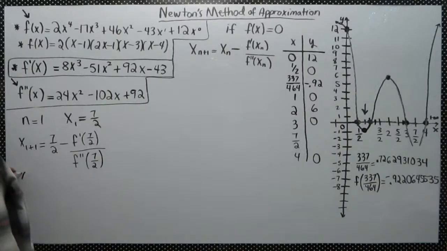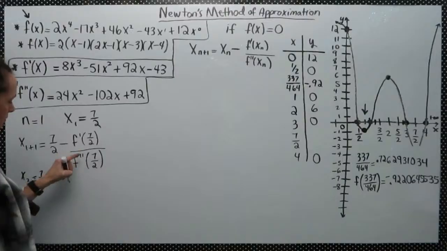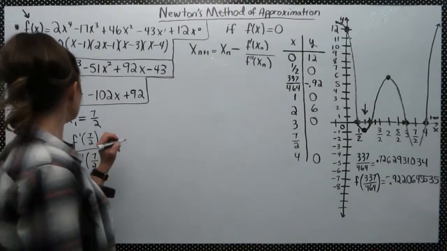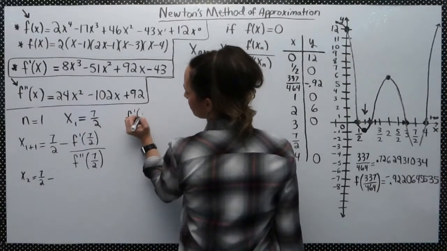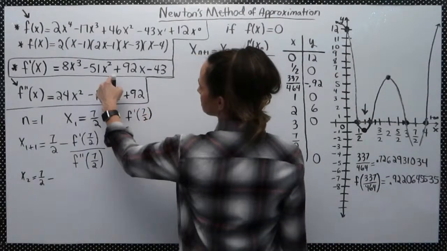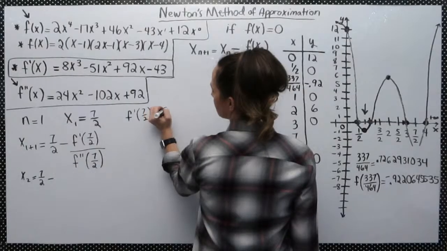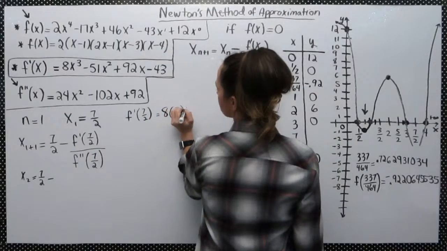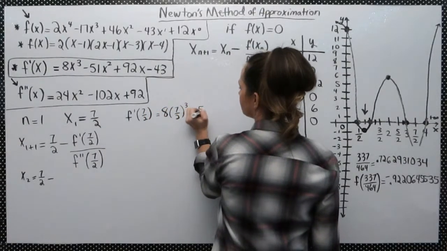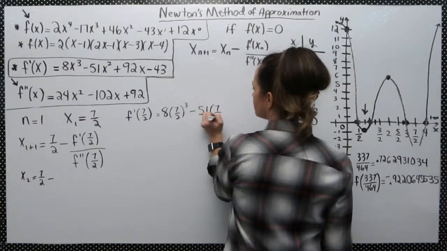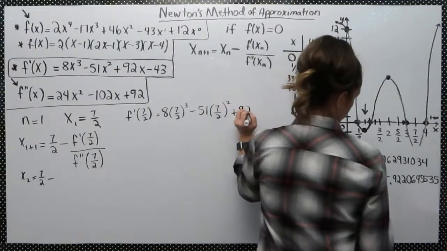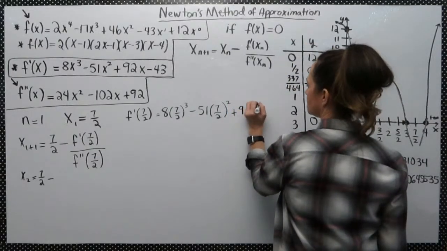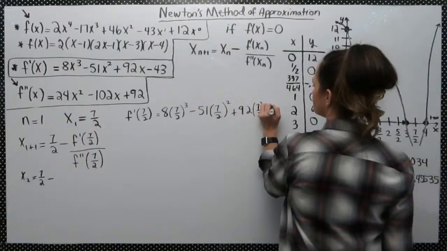And so we get x sub 2 equals 7/2 minus, and then we're going to figure out these values. So we'll go over here, see if I can write a little bit smaller, f prime of 7/2. That's this one. So it's going to be 8 times 7/2 cubed minus 51 times 7/2 squared plus 92 times 7/2 minus 43.